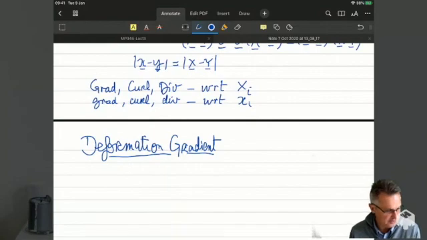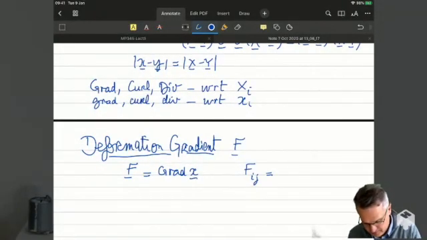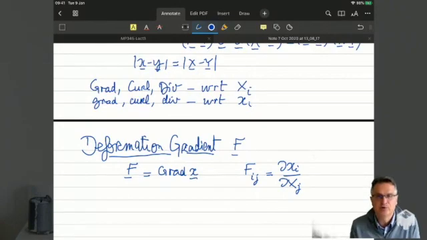The deformation gradient, by definition, by convention is called F. By definition, F equals the gradient of little x. Its components, if I'm in a rectangular coordinate system, are going to be of this form here. Remember, the gradient of a vector has those components. So the vector here is little x.